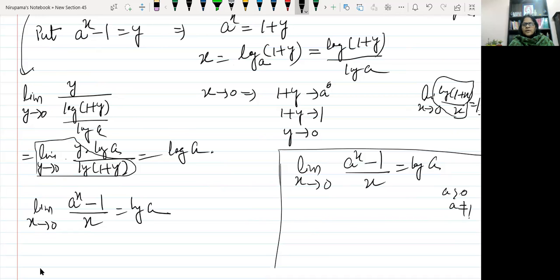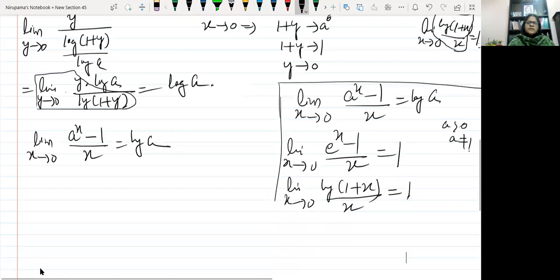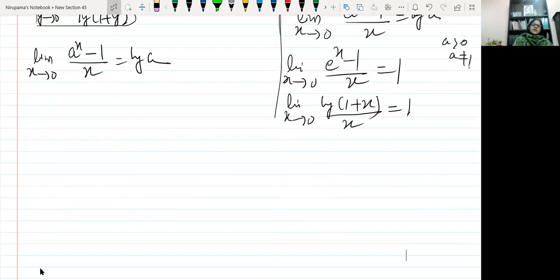Limit x approaches 0, e to the power x minus 1 by x equal to 1, and finally limit x approaches 0, log 1 plus x divided by x equal to 1. And here of course we have mod x less than 1. So these are the three standard formulas you can add to the already studied standard forms of limits.